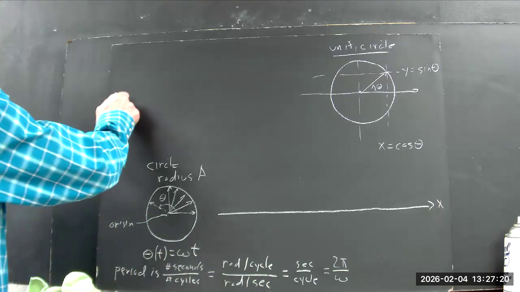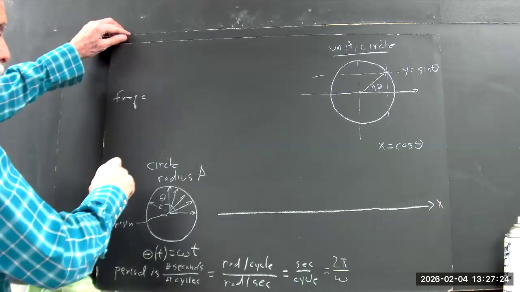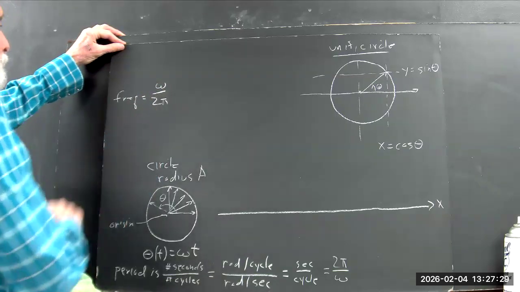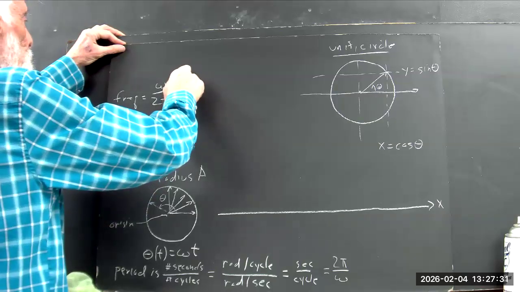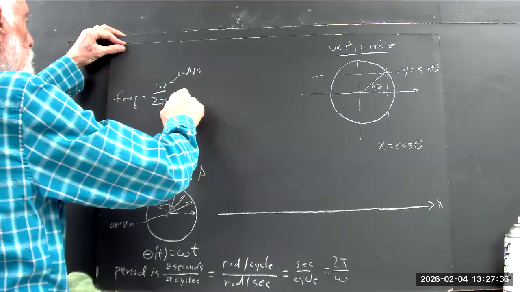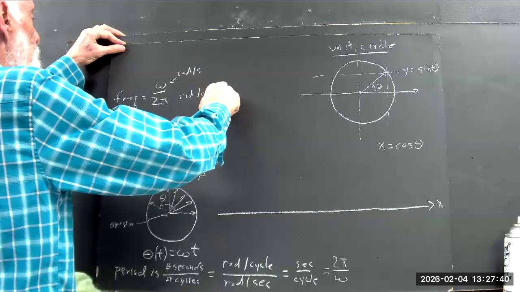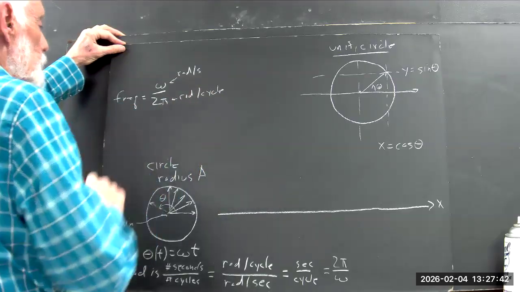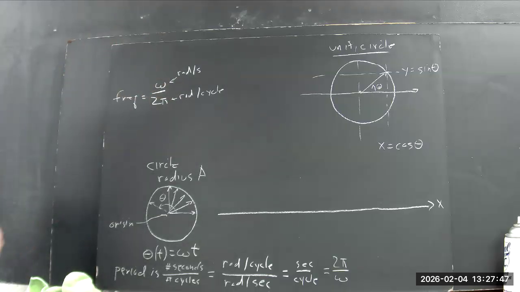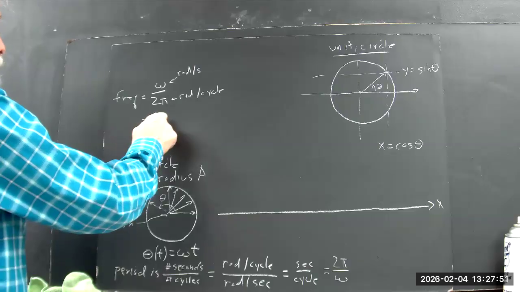A little easier is frequency, and you might want to start with frequency. Frequency is omega over 2 pi. And you divide that out, and you're going to get cycles per second. Oh, I'm sorry. Yeah.